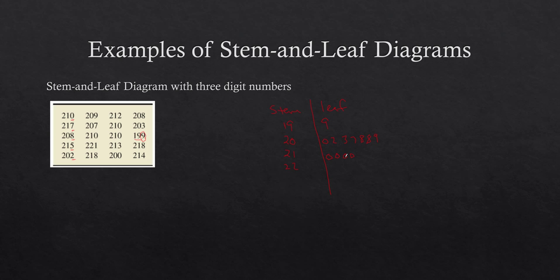We have 4 210s up there. We have a 212, a 213, a 214, a 215, a 217, and 2 218s. And we have one that has a 22 as a stem. And that is going to be 221, has a 22 as a stem.